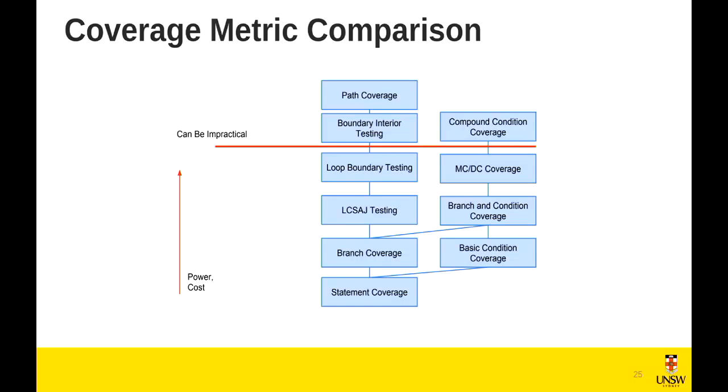So this is also a special case. But other than that, this comparison can help to select the suitable testing strategy given the budget. So this is a comparison of what we have learned.